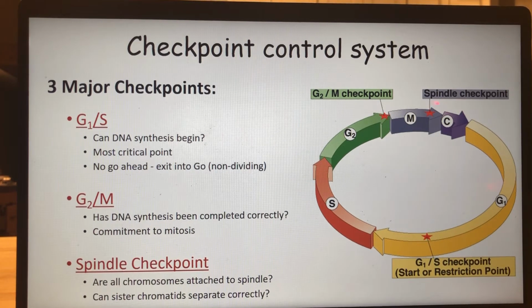If there is an issue and the spindle is not attached to that kinetochore, you're going to have chromosome separation errors. That's where we get the sticky chromosome that happens with Down syndrome.